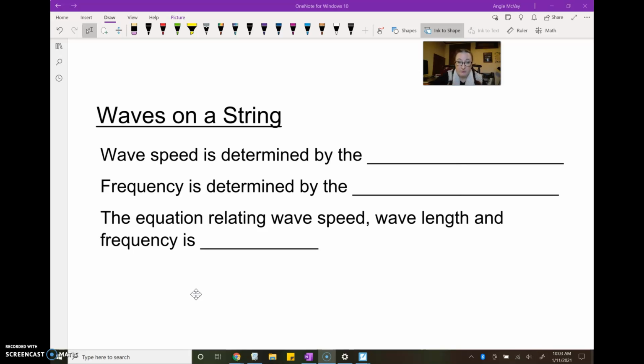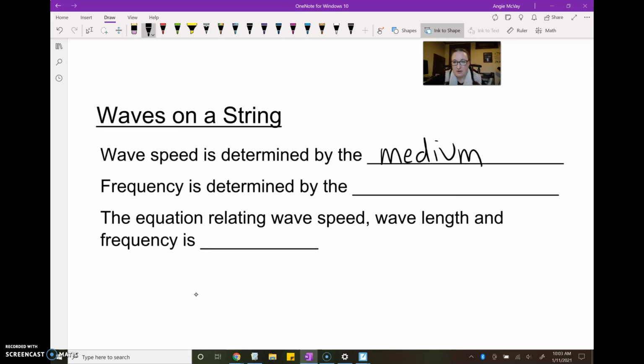On a string, if we remember, the wave speed was determined by the medium, the stuff that the wave is traveling through. Generally, the heavier or the more dense a substance, the faster the sound wave travels.